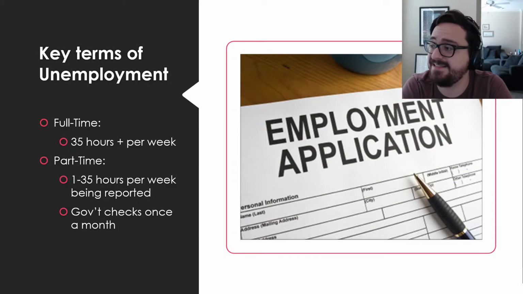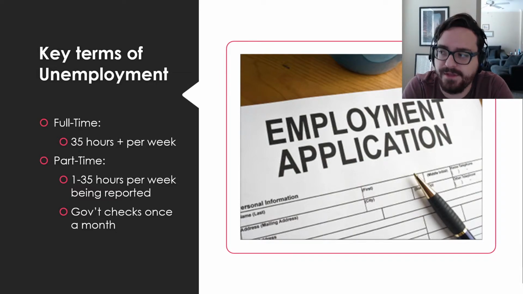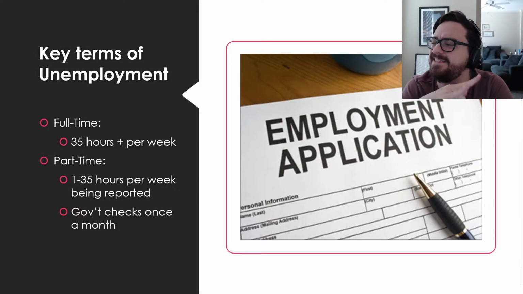For the sake of statistics, if you're working 35 or more hours per week, then they count you as full-time if it's the week that's being reported. So there's some inconsistency with those numbers. When you look at full-time versus part-time work, be aware there are more part-time workers than it looks like because they could have easily just been getting the benefit of the doubt when it comes to their numbers.